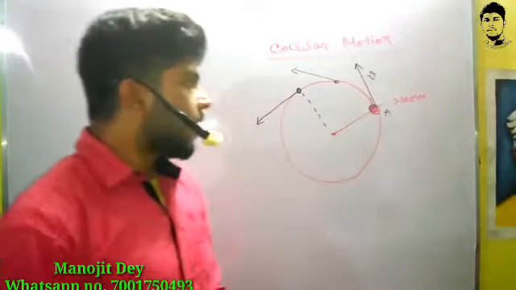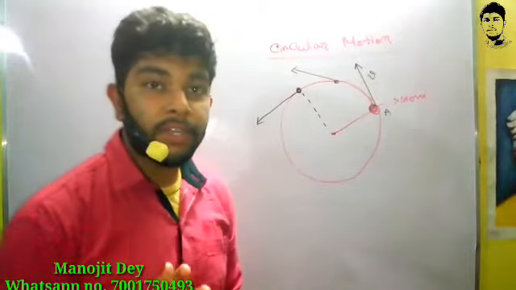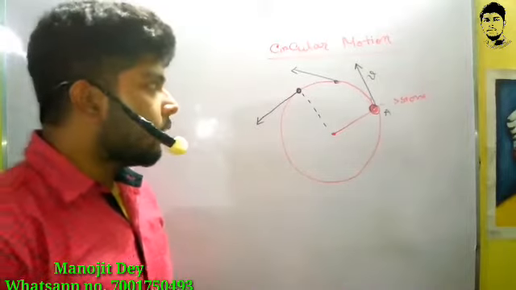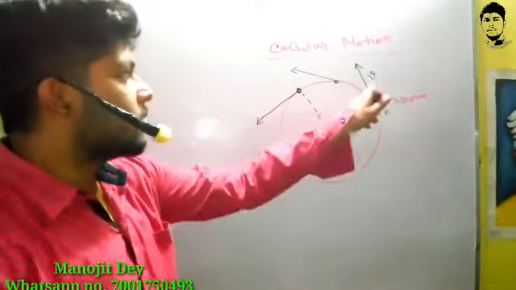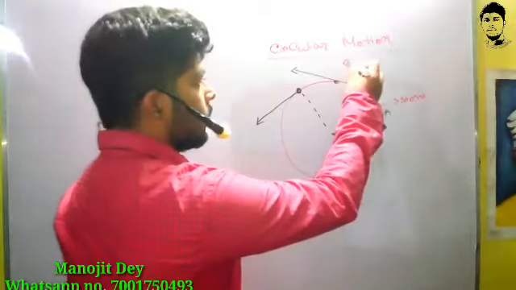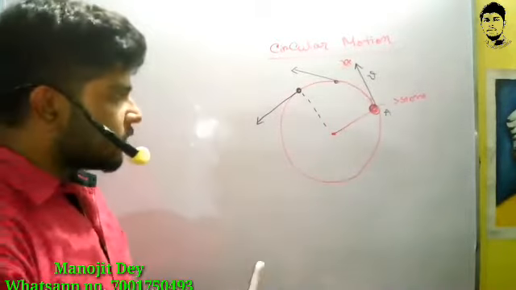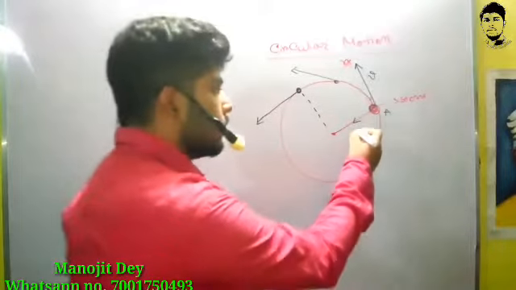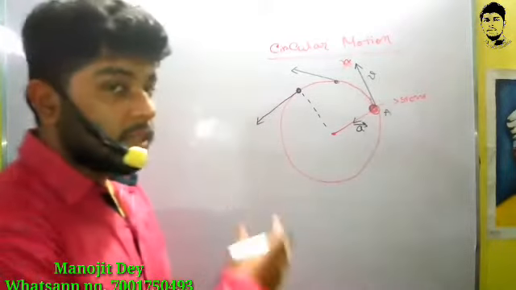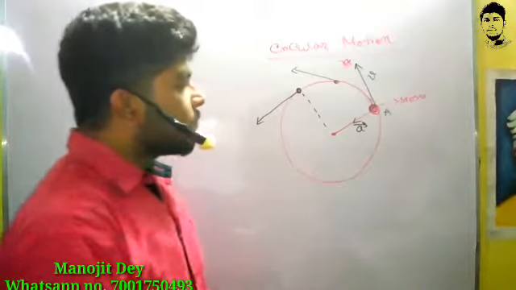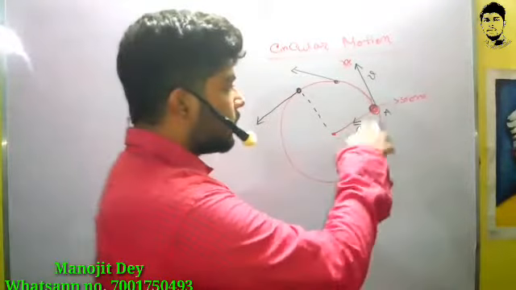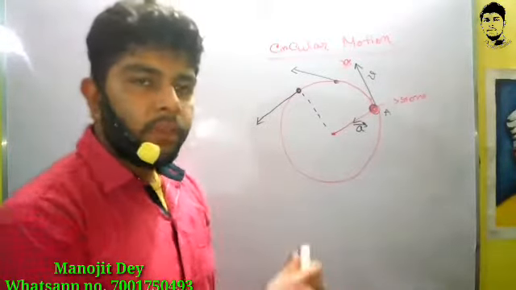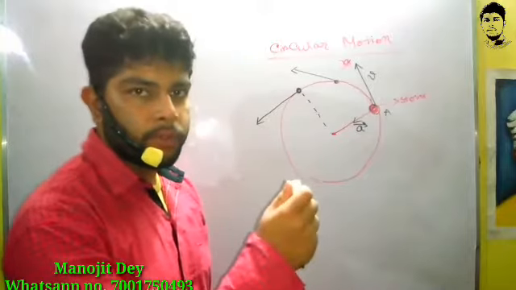And see the direction of acceleration. What will be the direction of acceleration? Here you can think that the direction of acceleration will be this way, but actually not. The direction of acceleration will be towards the center. Why? Because when you rotate the stone by your hand, you have to give some force to the thread.